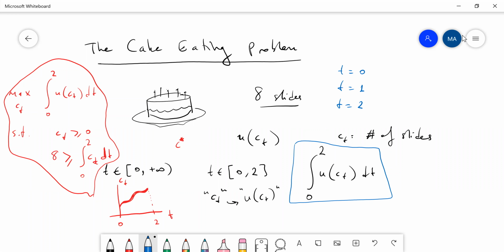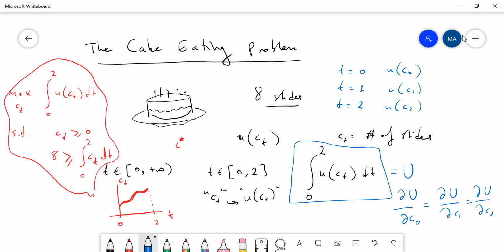Okay? So you have U(C_0) here, U(C_1) here, and U(C_2) here. So obviously, all of these utility levels have the same weight, right? In other words, if this is your utility function, the marginal utility of C_0 equals marginal utility of C_1, which is equal to marginal utility of C_2, right?